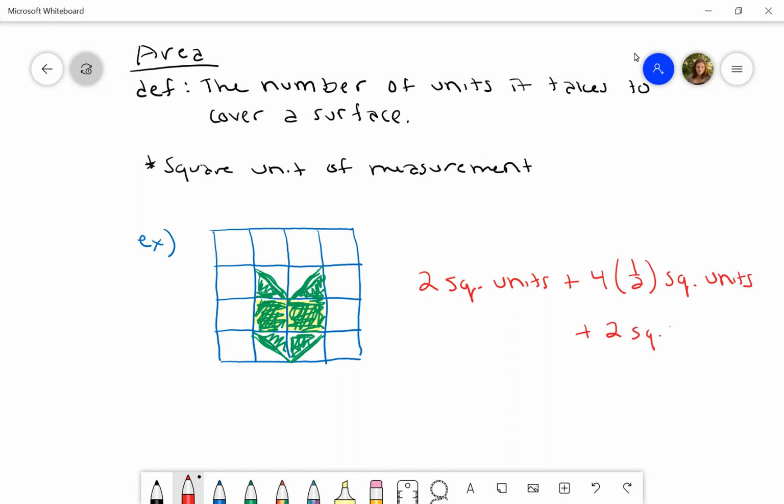So that works out to 2 square units, and 2 square units plus 2 square units is 4 square units.